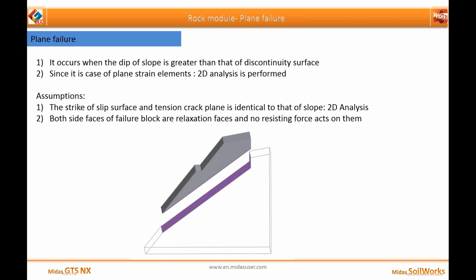The assumption considered here is that the strike of the slip surface and the tension crack plane is identical to that of slope. So 2D analysis is required, and both side faces of the failure block are relaxation faces and no resisting force acts on them. So actually what we do is perform a 2D analysis for plane failure surfaces or plane failure planes.